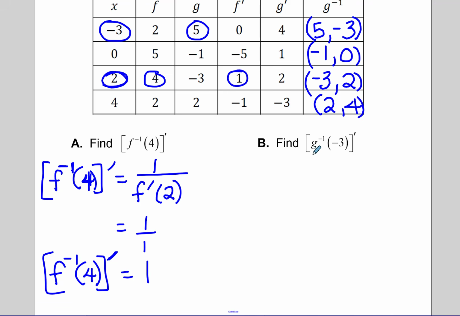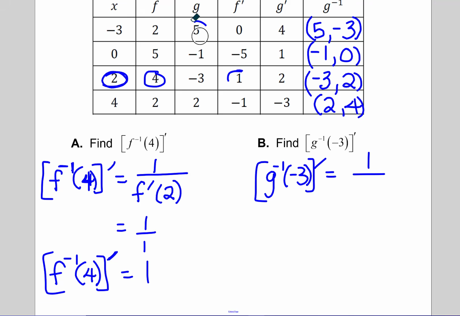So we want the derivative at -3 on the inverse function, I'm sorry. The derivative at -3 on the inverse function is 1 divided by G prime at... -3 on G. So -3 is going to be 2 on the G graph.